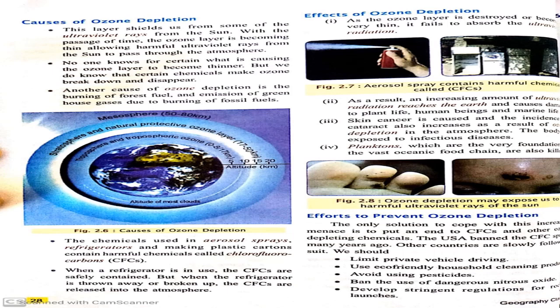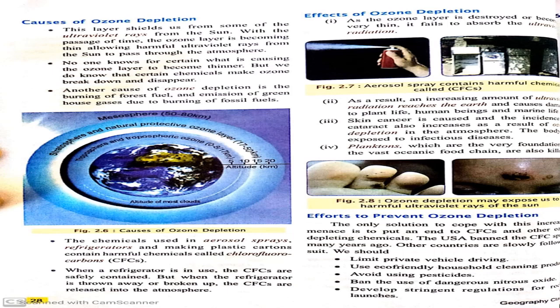With the passage of time, the ozone layer is becoming thin, and due to that, what is happening? The harmful ultraviolet rays from the sun pass through and enter into the atmosphere.